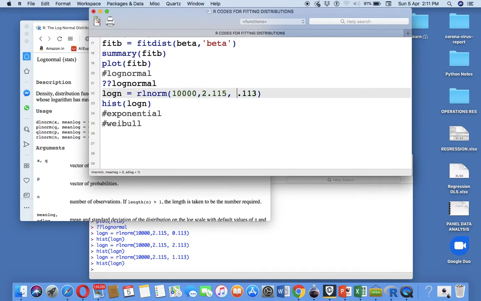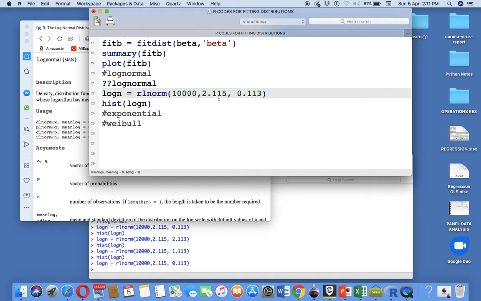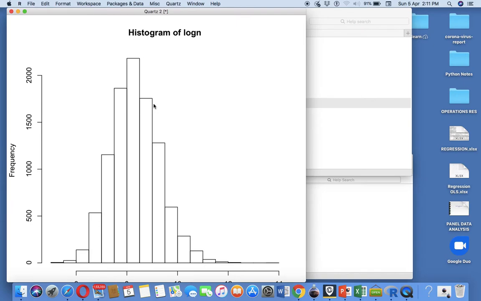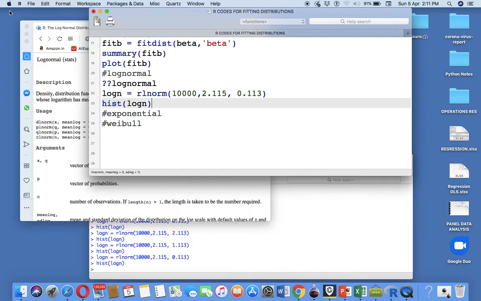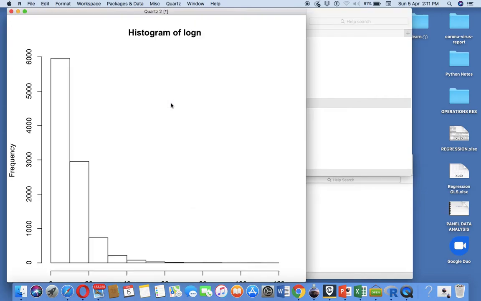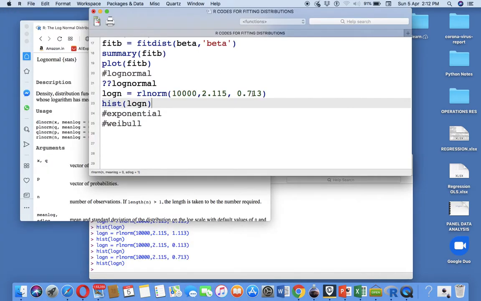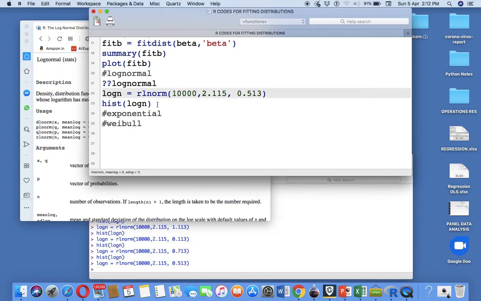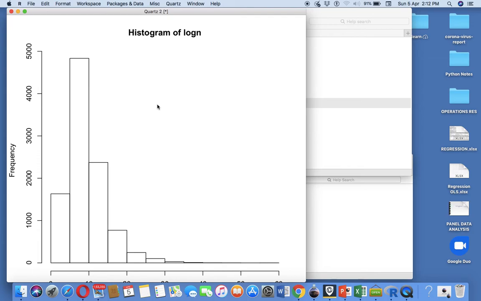And I will say 0 point something and get the log normal distribution. You could really experiment and get the data. So that's a fairly good distribution.